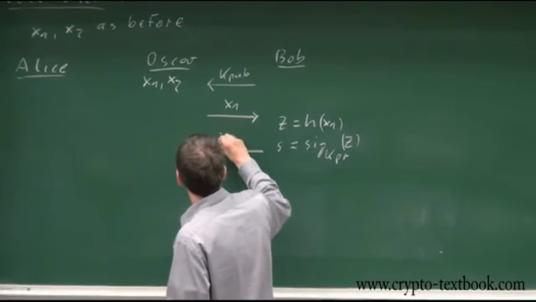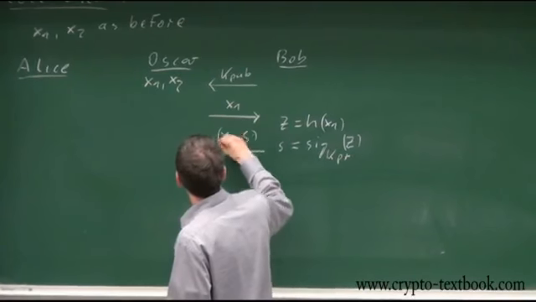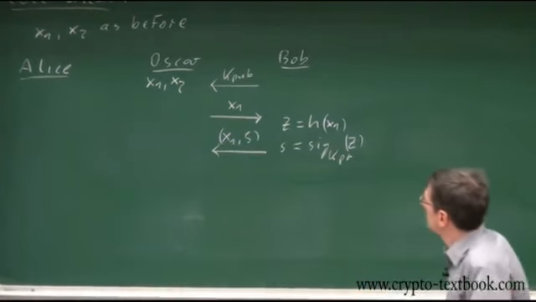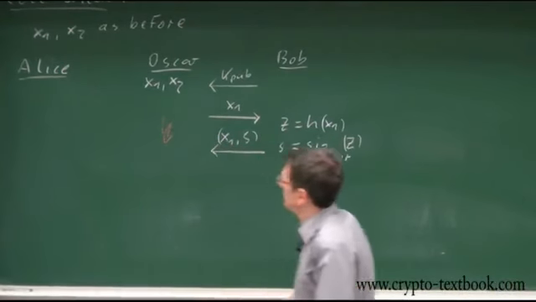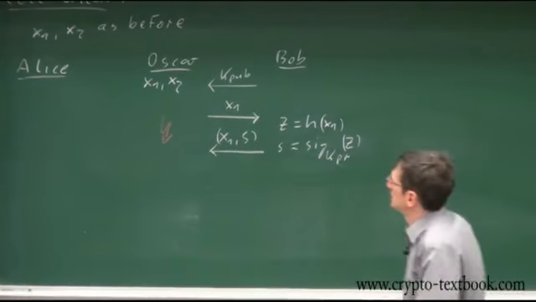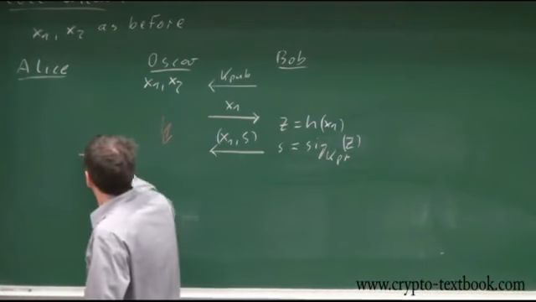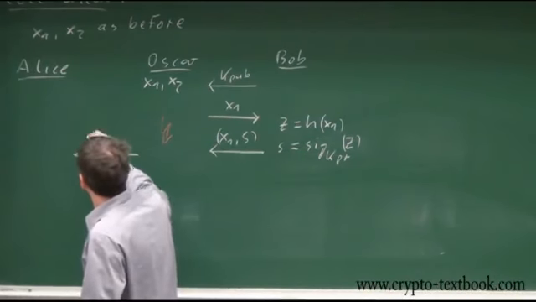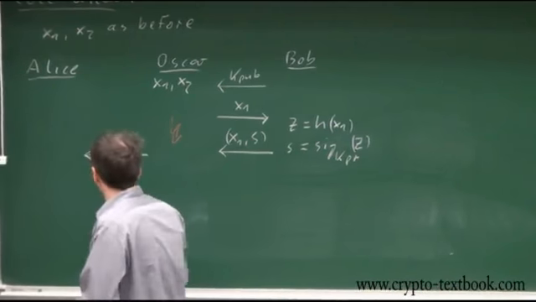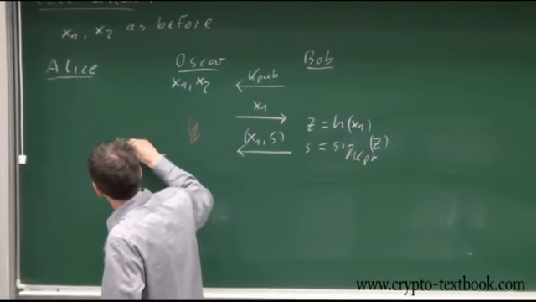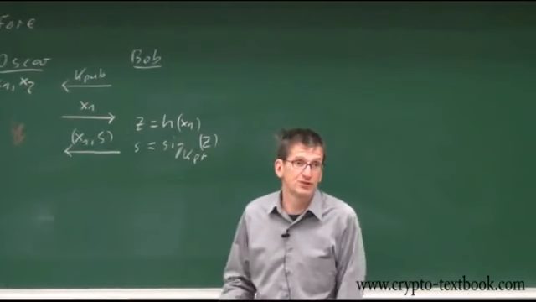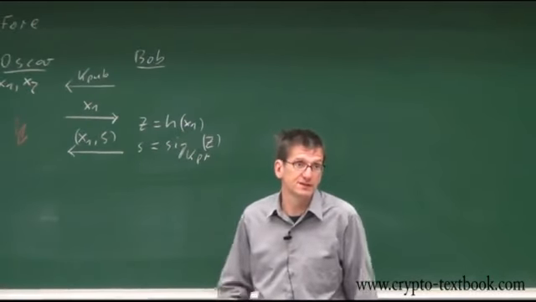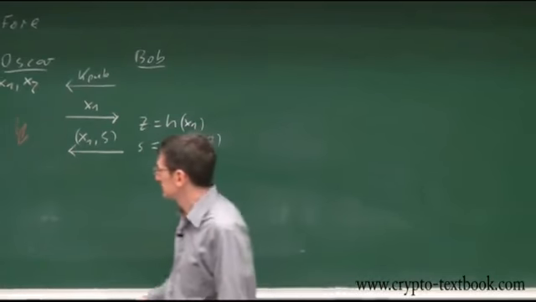He sends X1 and S over the channel. And again, as is Oscar's chance, he intercepts here, and he replaces this file which says, these earphones cost 10 euros, with the message, these earphones cost 10,000 euros.